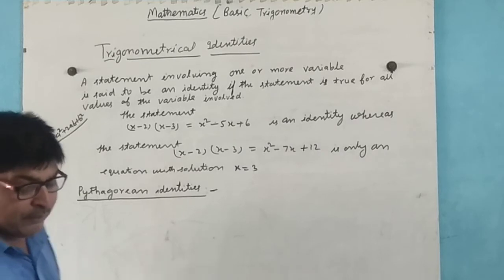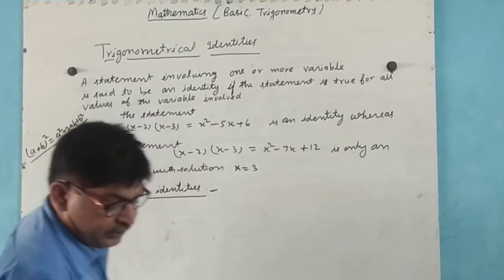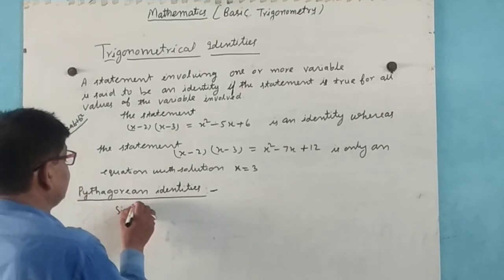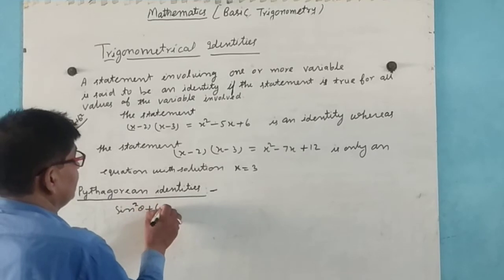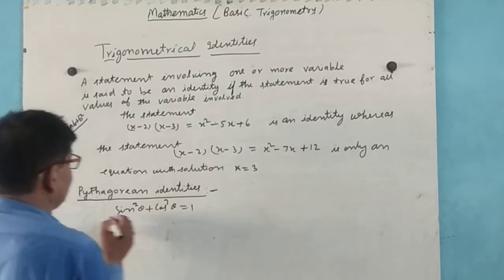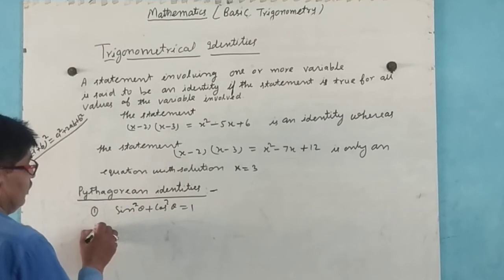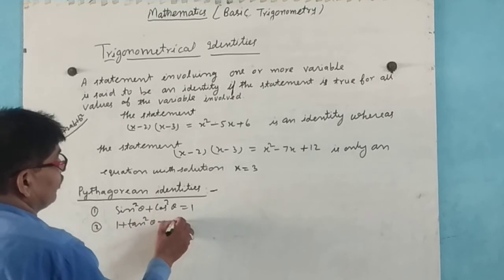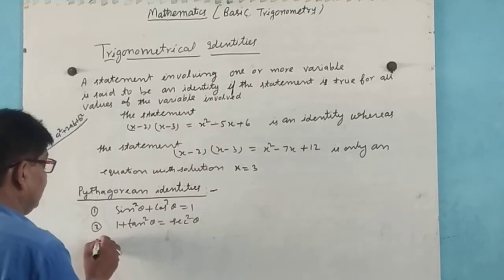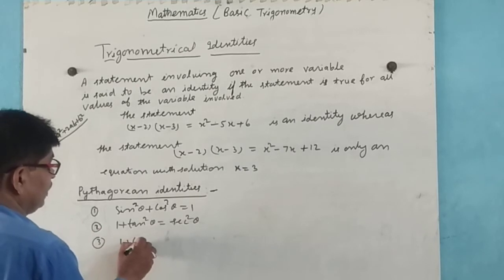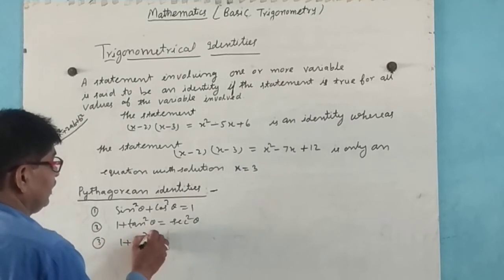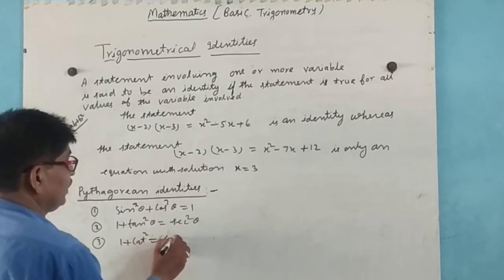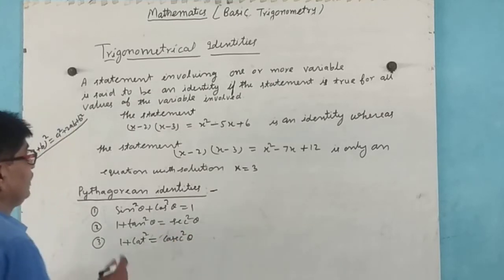Now, Pythagorean identities: sin square theta plus cos square theta is equal to 1, 1 plus tan square theta equal to sec square theta, and 1 plus cot square theta equal to cosec square theta.